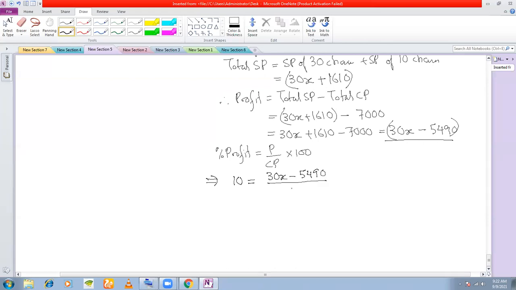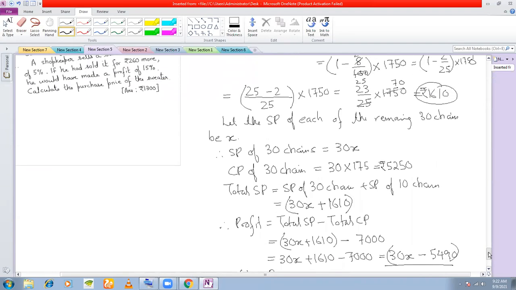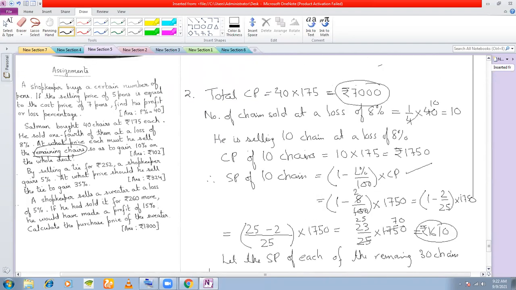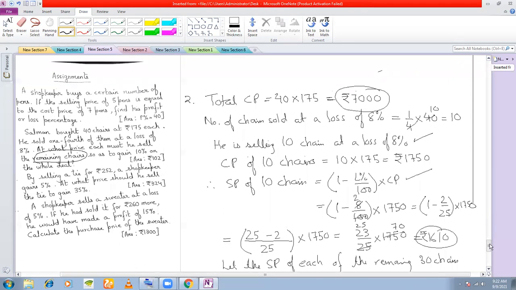And what is his total cost price? 7,000 into 100. Okay. So you solve this equation and you will get the value of X. That is after selling 10 shares at a loss, the remaining 30 shares, for how much should he sell so as to gain 10% on the whole deal? Okay, you will get the value of X.